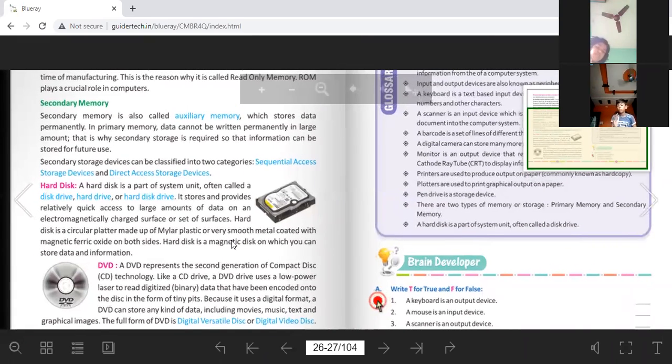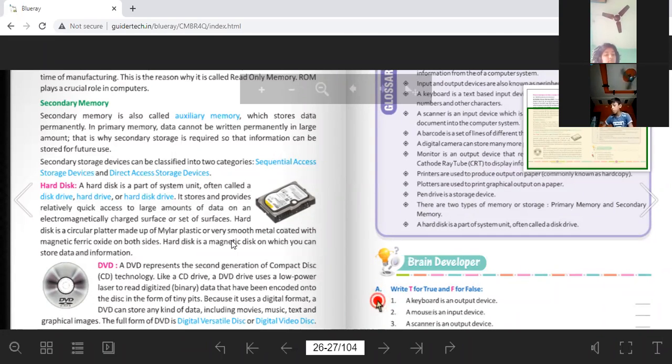Okay, so secondary memory acts like auxiliary memory. Now, ROM, as we have just studied, stores some data and that data cannot be erased, right? For any kind of system, if we take the example of our mobile phone, we cannot store everything in the mobile phone system, the software which we use in the mobile phone.